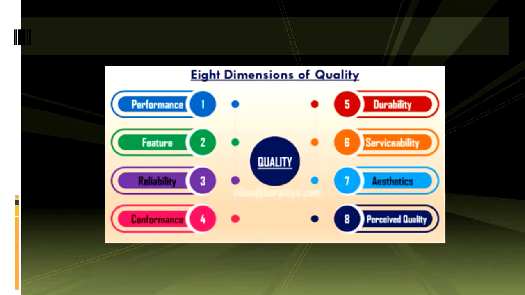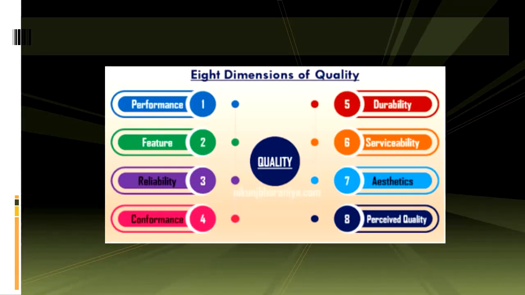So students, we have discussed certain parameters of quality, the different dimensions of quality. We will talk a little bit more now with other examples of these aspects.